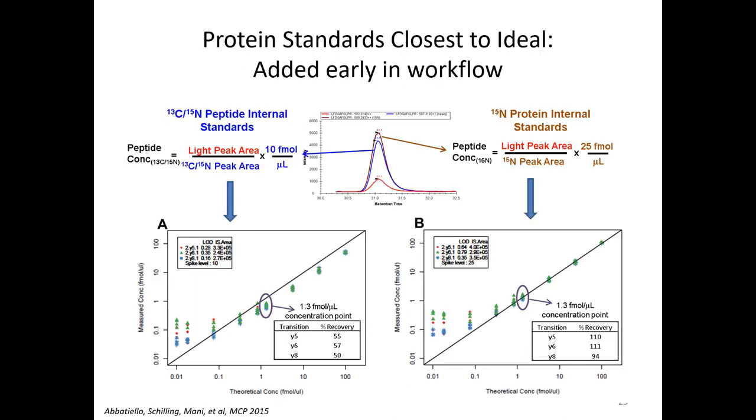Okay, so this was a study we did, published in 2015, but I think it started around 2009, 2010. Here, this was the first time that we had fully N15 incorporated protein standards for, I think, 25 different proteins. When those proteins were digested into peptides, we would monitor their signal.